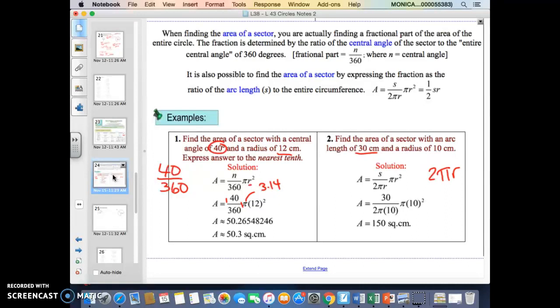So you're using the circumference of the circle to find out what portion of the outside of the circle, maybe right here, is of the whole circumference, and then you're multiplying that by pi r squared because that's the area of the entire circle.